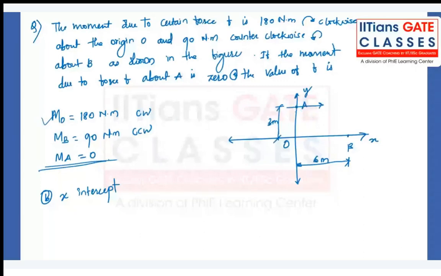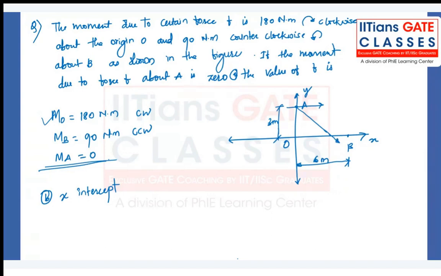No, right? This force will create counterclockwise about origin, also counterclockwise about B. We want clockwise about origin and counterclockwise about point B. And this is only possible when we have a force F passing through these 2 points.